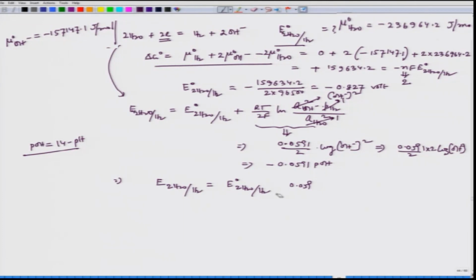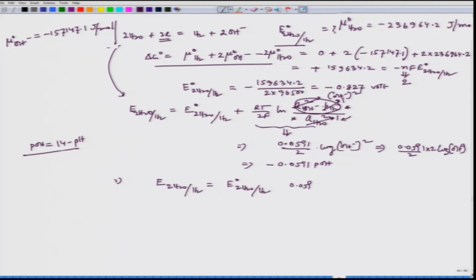Okay. So here we see that we have committed a mistake, because here we have put the activity of water here. Actually it should be here and this part should be here.